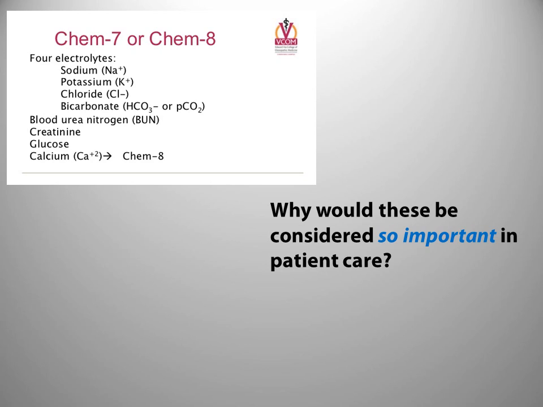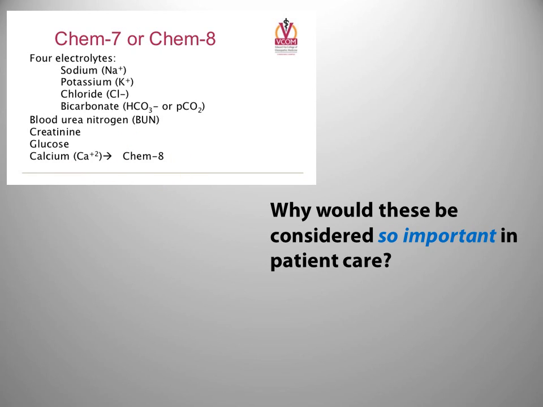So let's do a little bit of a case study here. So I'm showing you this now, so we're going to get into some more of why the chemistry is important. So if we look at this panel up here, this is called a Chem 7, or if we include calcium down here at the bottom, they call it a Chem 8 panel.